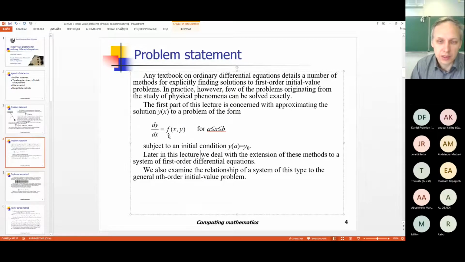Let's consider some simple cases of ordinary differential equations. Well, I can write it on the board, but I think for simplicity, I can write it using Word on the screen.